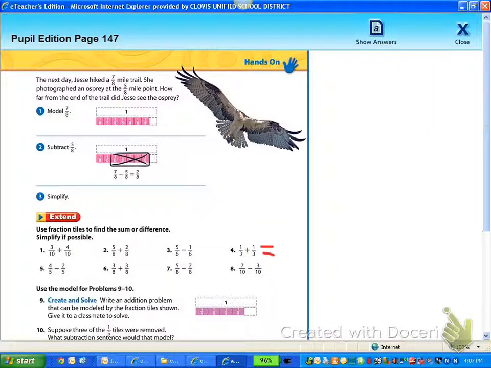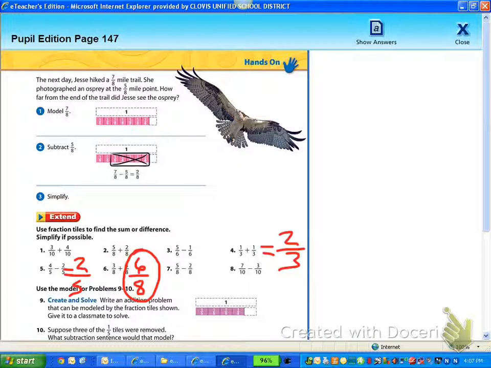Moving on, we got 1/3 plus 1/3. 1 plus 1 is 2 over 3. 4 minus 2 is 2 over 5. 3 plus 3 is 6 eighths. There we go again. 6 eighths can be reduced to lowest terms.